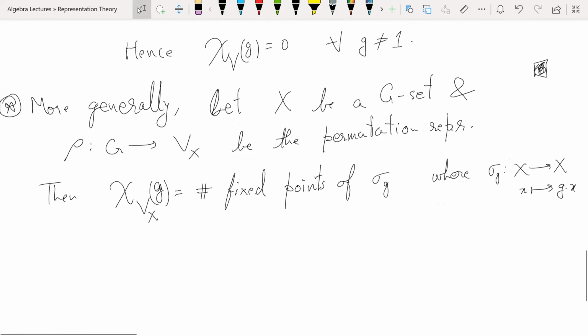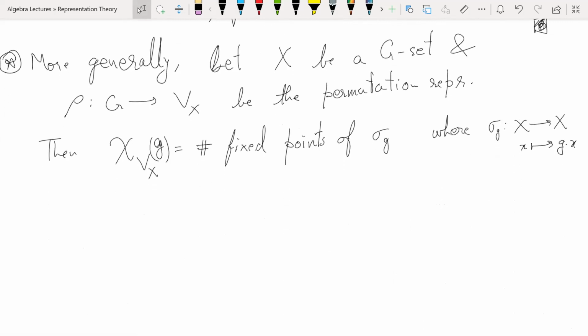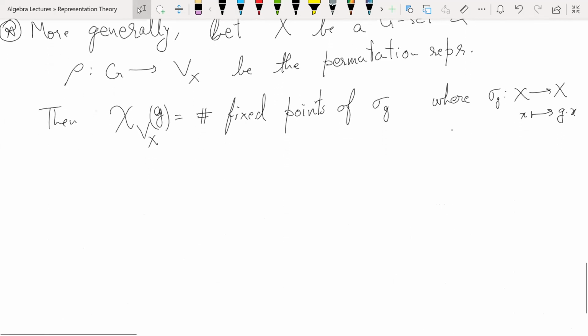Any questions so far? Okay. So let me do the exterior and symmetric power, and then we will go to Schur's lemma.